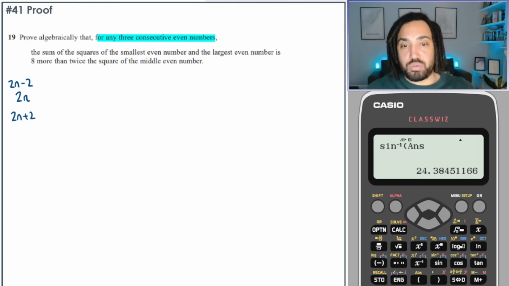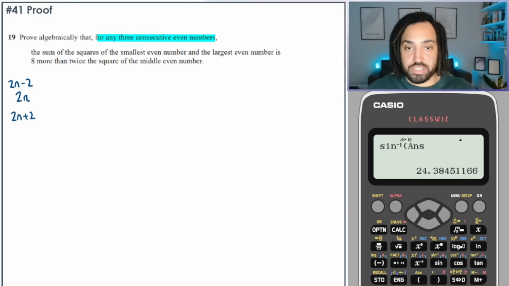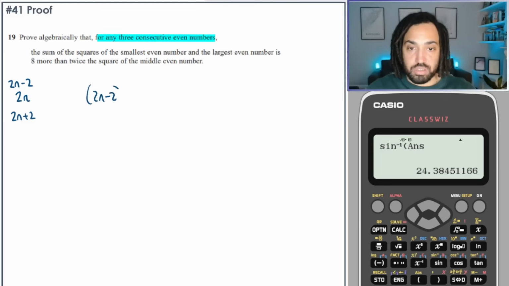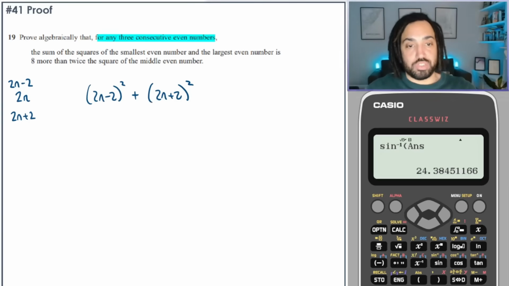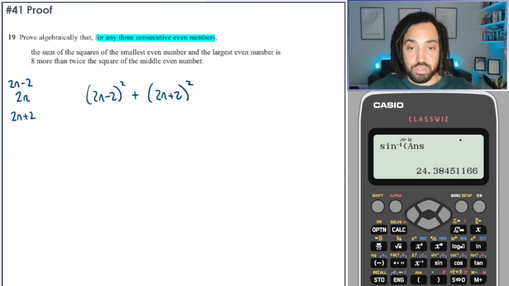The sum of the squares of the smallest even number and the largest even number. Okay, so let's do that straight away. The sum of the squares of the smallest one and the largest one. So the smallest one is obviously 2n minus 2, and we're squaring it and we're summing them because it's the sum of the squares.